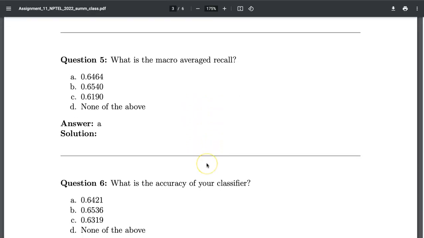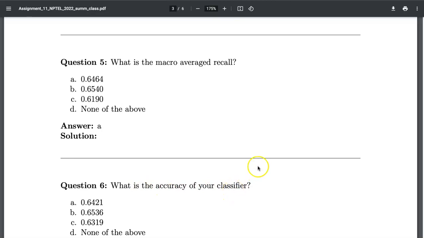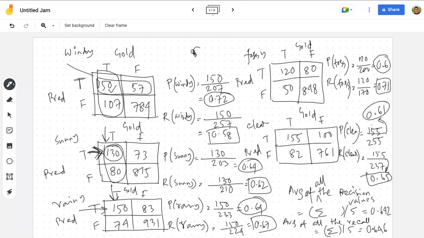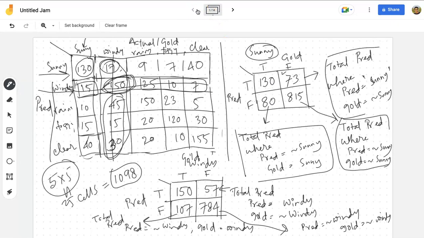Now the next question they are asking: what is the accuracy of your classifier? Accuracy is pretty easy. How to calculate the accuracy? If you see the diagonal of your actual table, the 5 values are 130, 150, 150, 120, 120, 155.